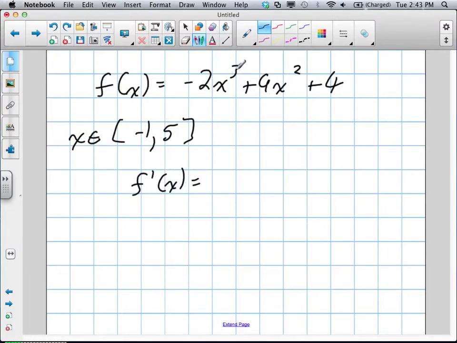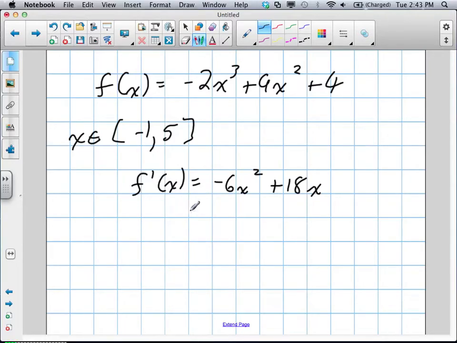When we derive this, the 3 comes down, and we get negative 6x squared plus 18x. This is our derivative function. With our derivative function, our tangents are horizontal when the slopes are equal to what? Anyone know? 0. There it is. Good. So the slope has to be 0.